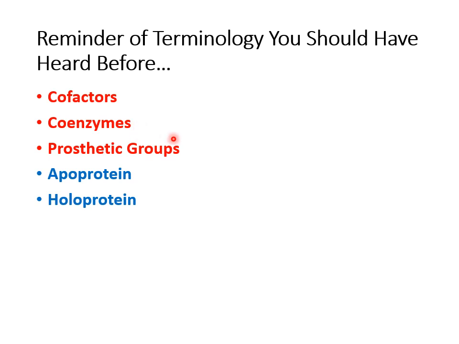That's different from prosthetic groups because prosthetic groups are permanently, sometimes covalently, bonded to the enzyme. These can be either organic or inorganic, and they are bound tightly to the enzyme. That's how they're different from the first two terms.